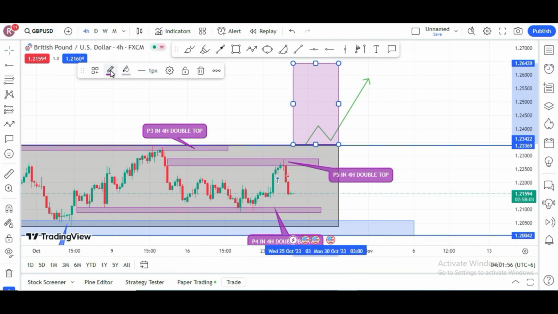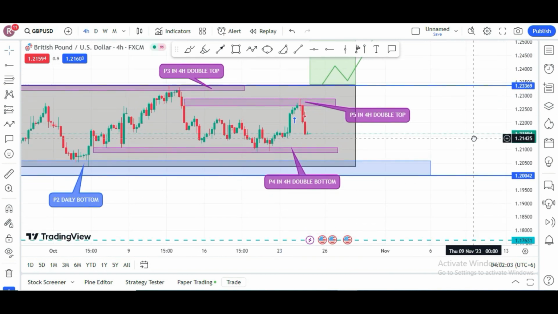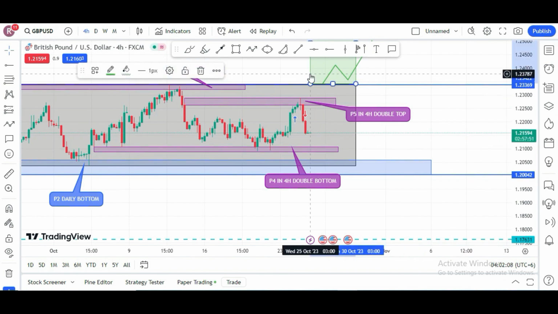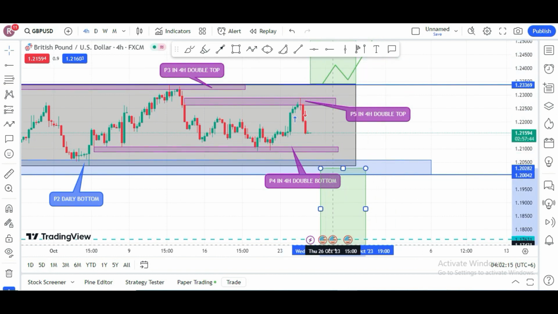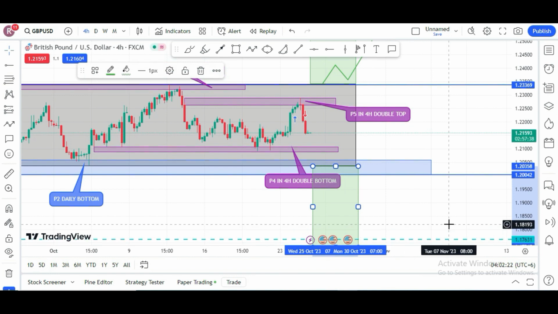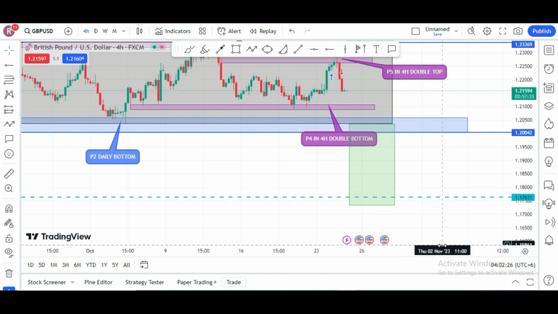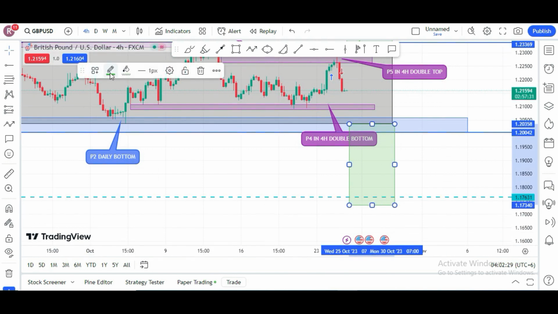And this should also be green if it goes upward. On the contrary, if it breaks downside, then it will go like this. So let's mark it.